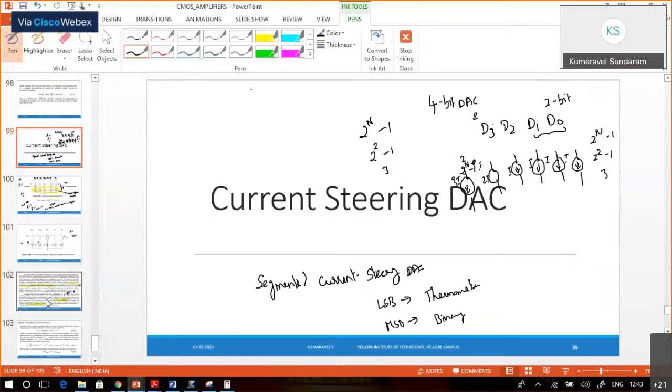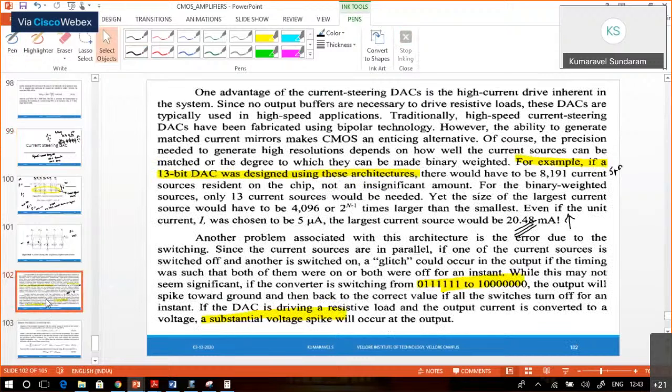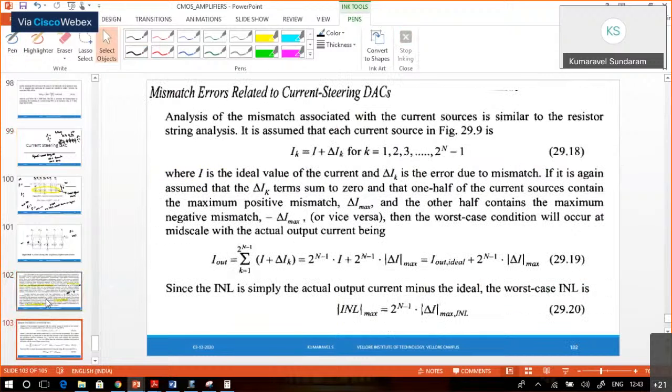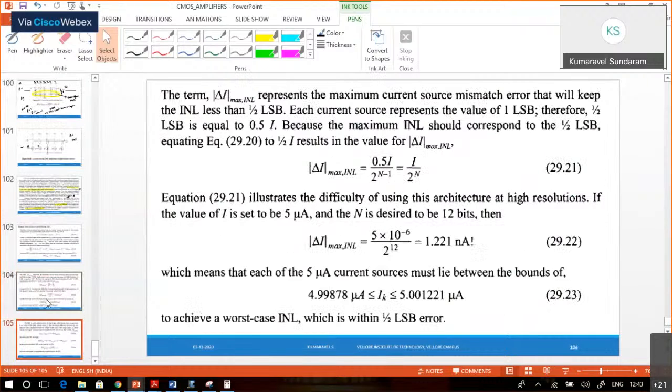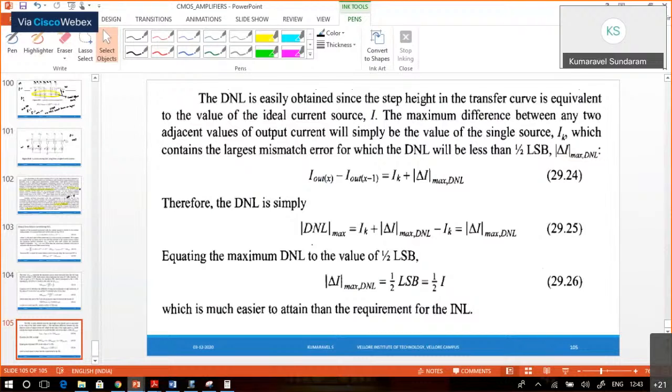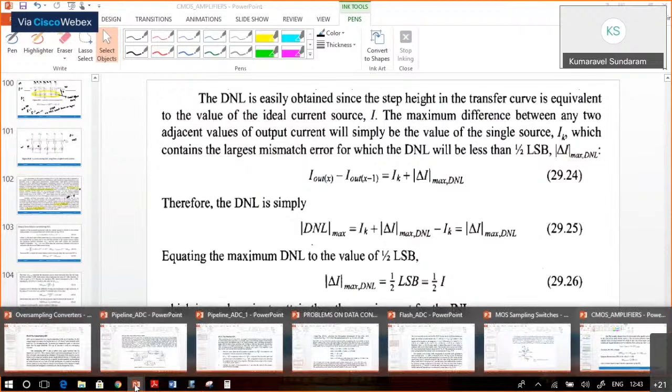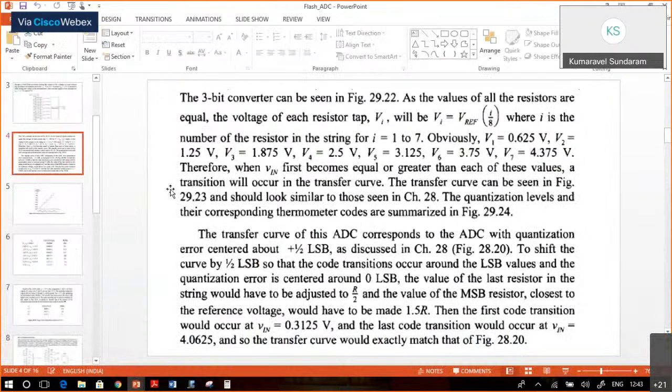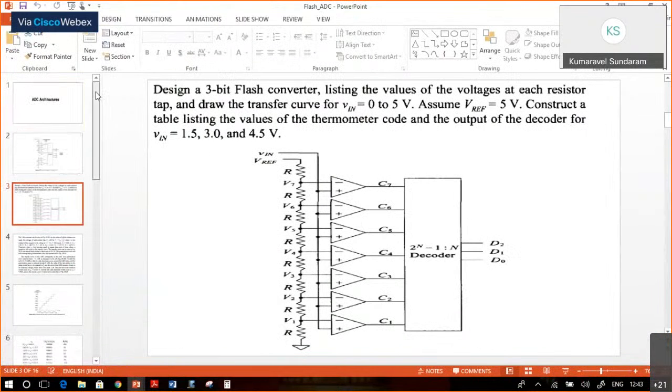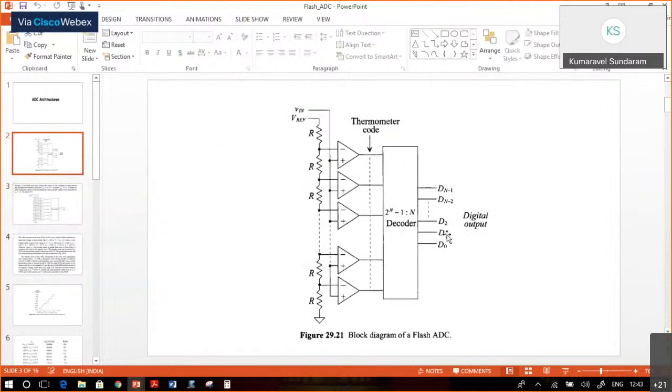With this DAC architecture, similar to the resistor string DAC, here also we need to calculate INL, DNL and so on. Now we will go with the ADC architectures. In ADC architecture, the first and foremost architecture is the flash ADC. In a flash ADC, we require 2 power n minus 1 comparators.